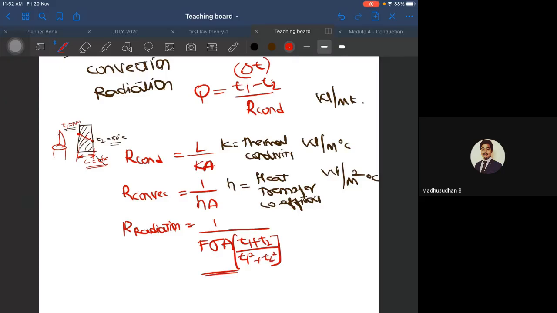This is the resistance offered in case of radiation heat transfer.